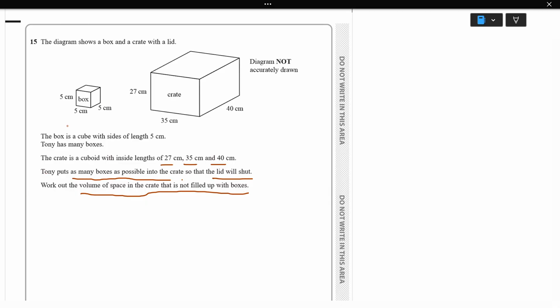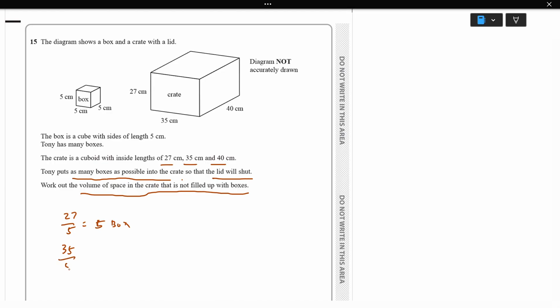So we'll find out here. This is a box. So in 27, what is the height? How many 5s can fit? So we'll say 27 divided by 5. How many can fit here? We cannot break a box, so maximum 5 boxes can fit. Next, the bottom part is 35.